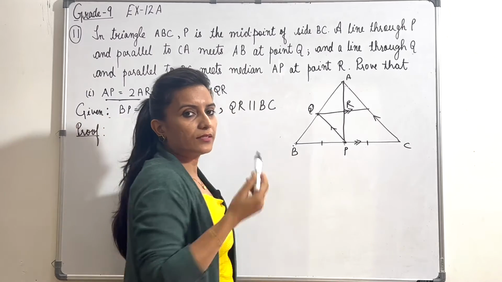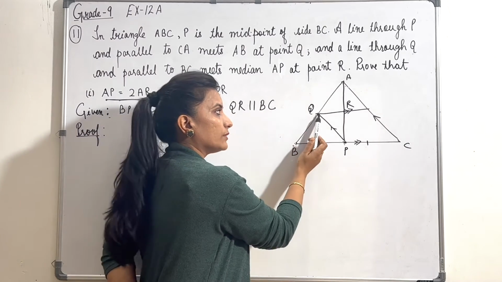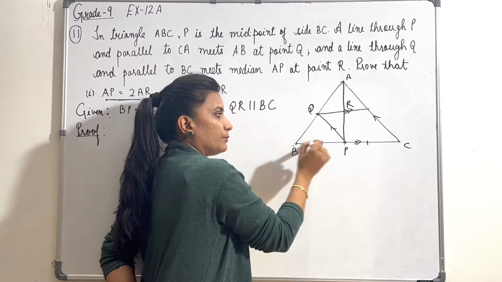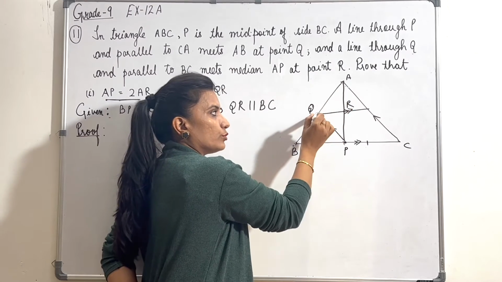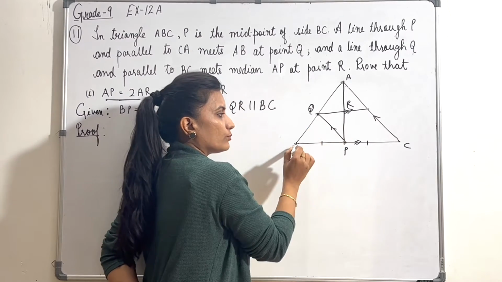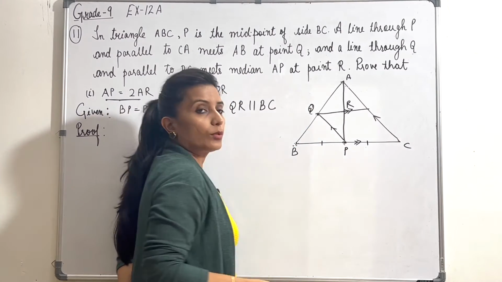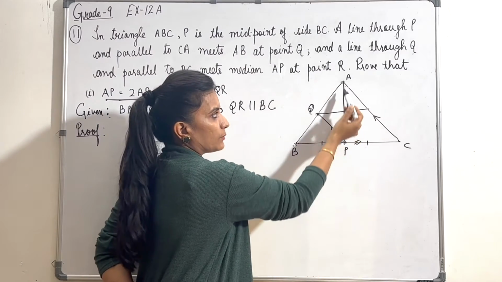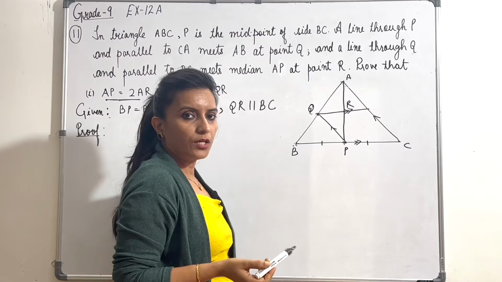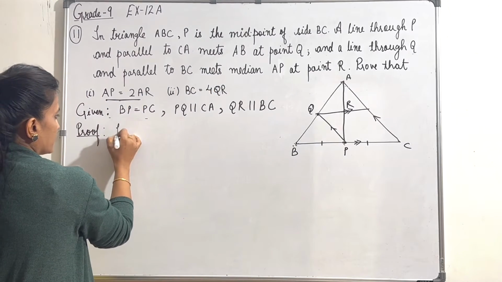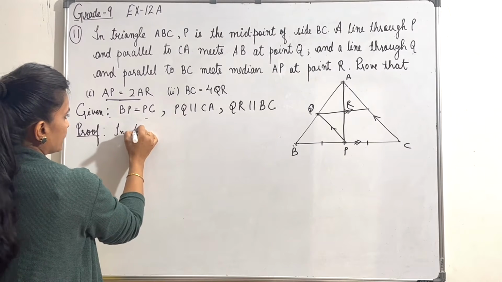Now since we have shown that Q is the midpoint of AB, in triangle ABP, Q is the midpoint of AB and QR is parallel to BP. So from converse of midpoint theorem, we can say that R is the midpoint of AP. Okay, so let's write all these things. First we will take triangle ABC.